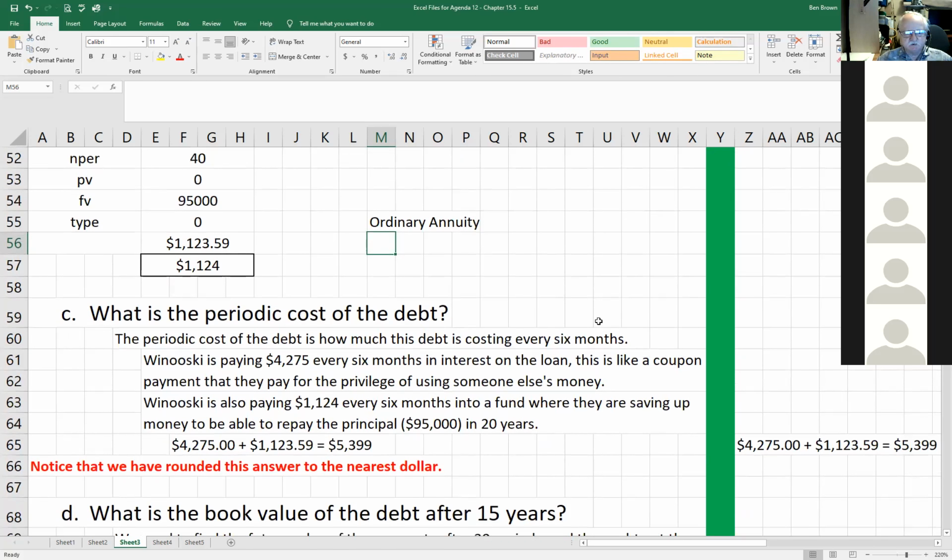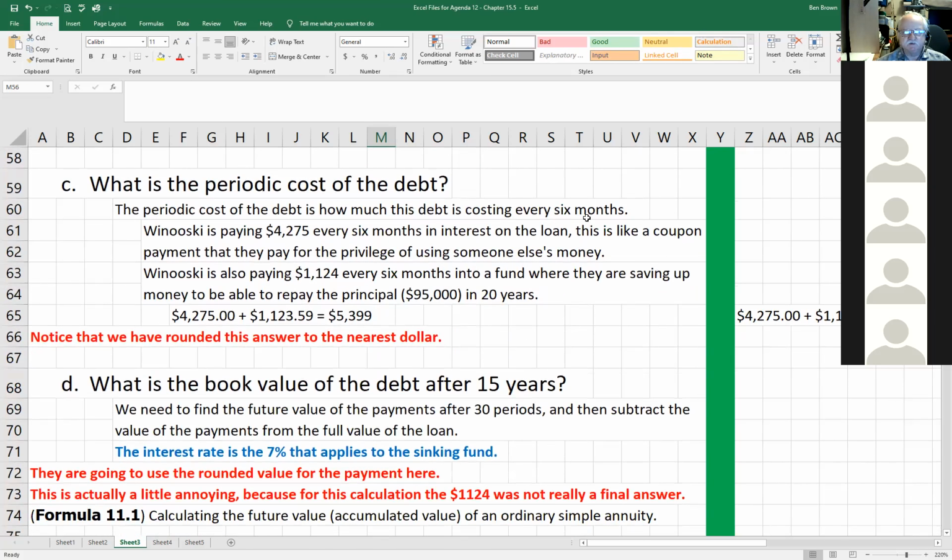Now they've asked us, what is the periodic cost of the debt? And what they mean is, how much is the debt costing us every 6 months? But we have two things to consider here. Winooski is paying the coupon of $4,275, and they're also paying $1,124 into the sinking fund.